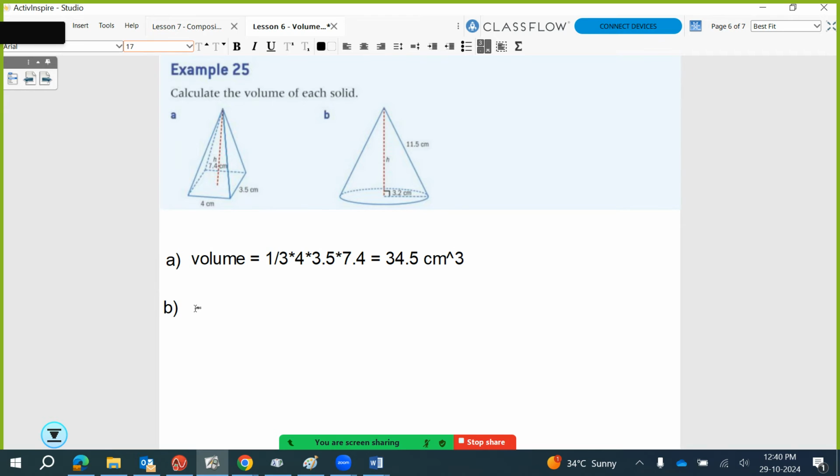Pythagoras' theorem. So from Pythagoras, we're going to get 11.5 squared is equal to 3.2 squared plus h squared.